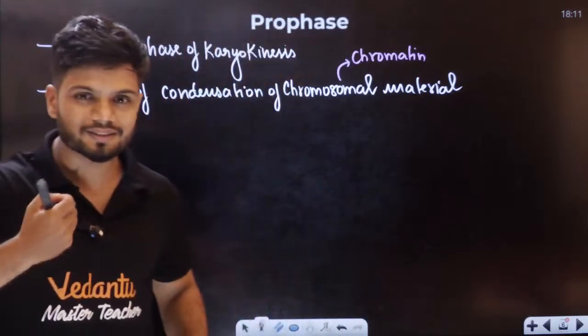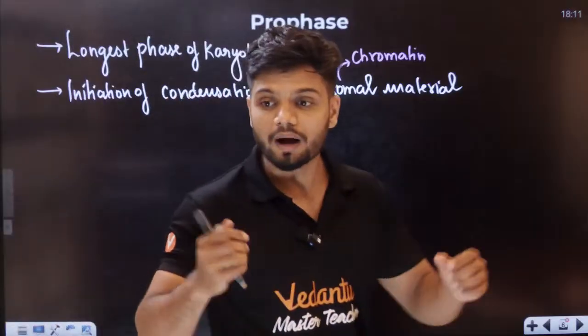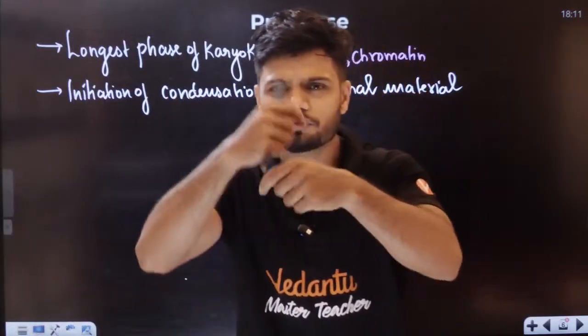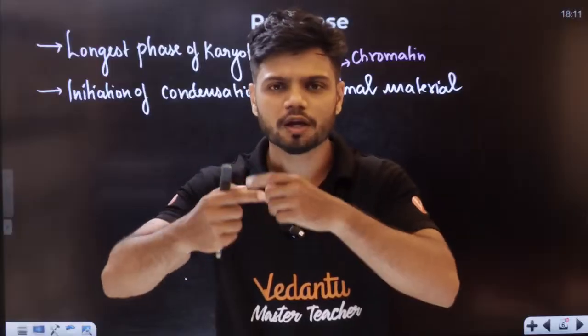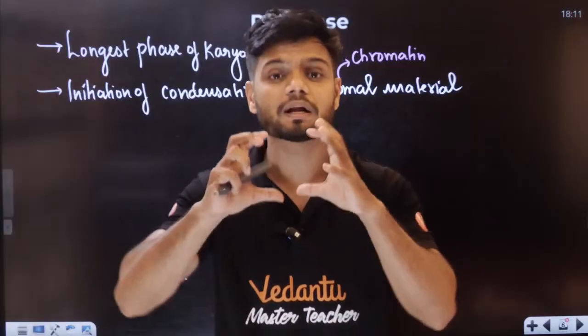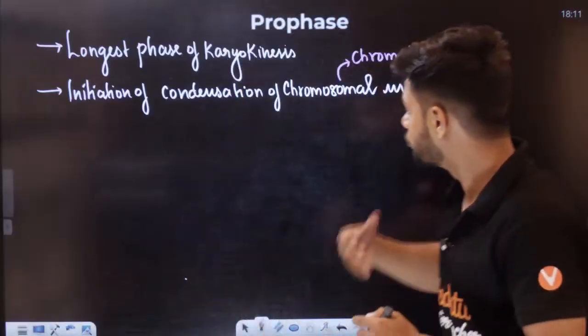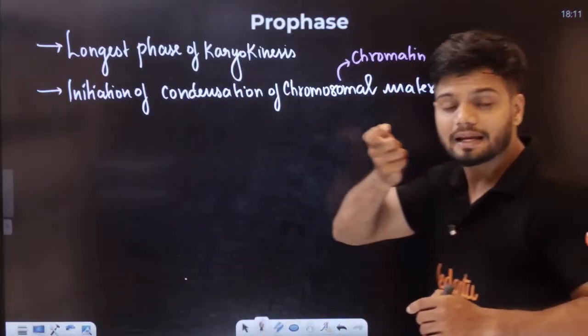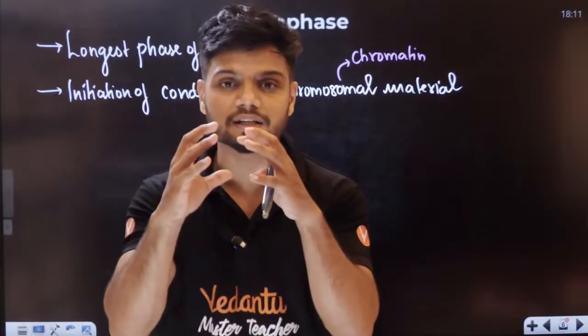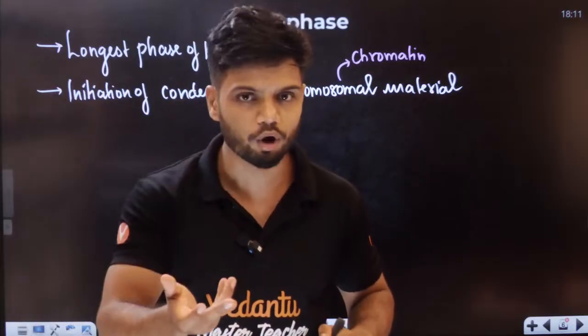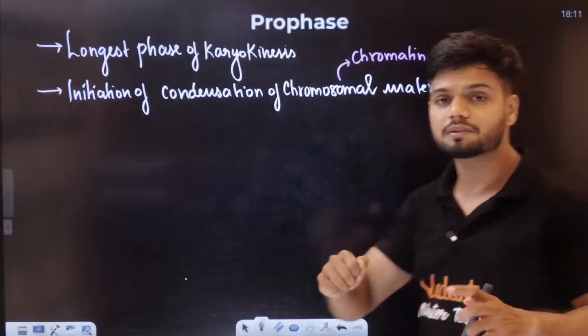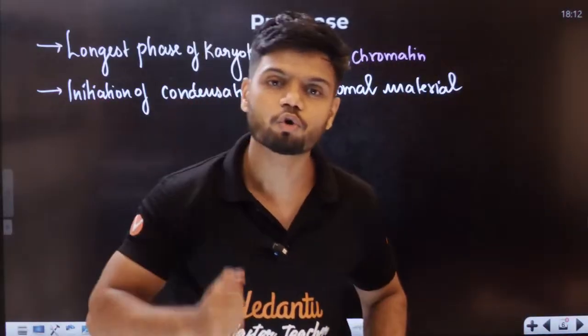If you keep on rolling it, it becomes a ball. That is called condensation of your woolen. Now your woolen is like chromatin. If you take the chromatin and compress it, we get a woolen ball. In this case, if you take chromatin and condense it, we get chromosomes.